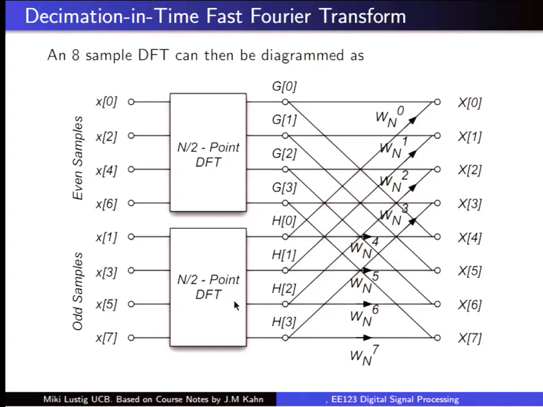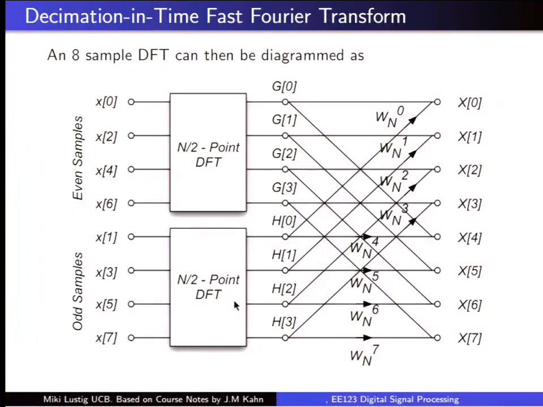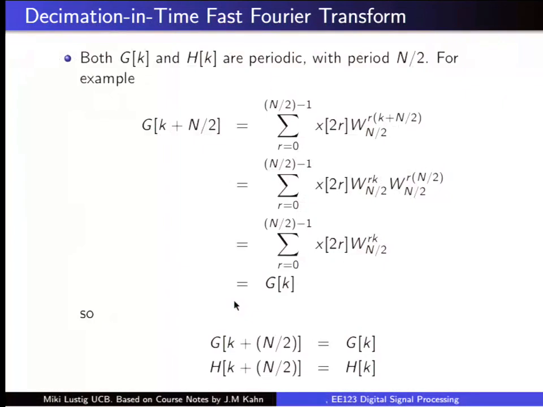Not really all the structure. There's more structure to be exploited. So let's look at these guys and see what's going on there. Both G of k and H of k are periodic with a period of n over 2, because they're n over 2 DFT sequences.